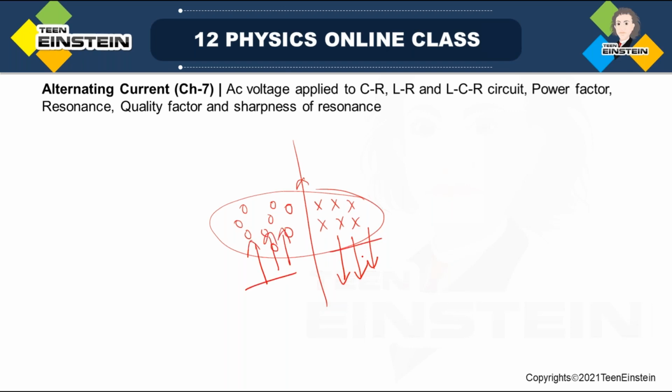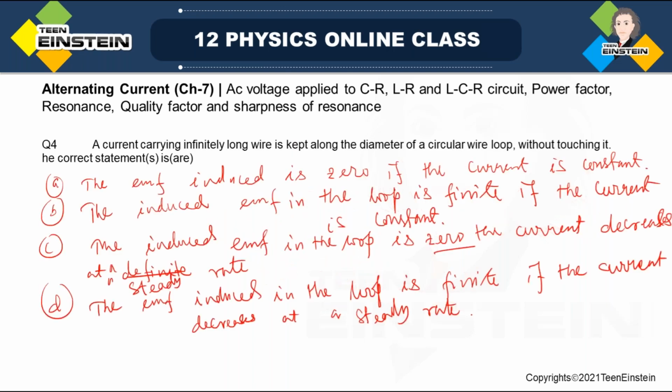So in any case, the net flux will be zero. If the net flux is zero, then the induced EMF in all conditions will be zero in the circular loop.